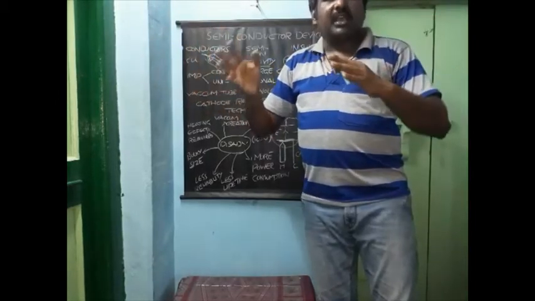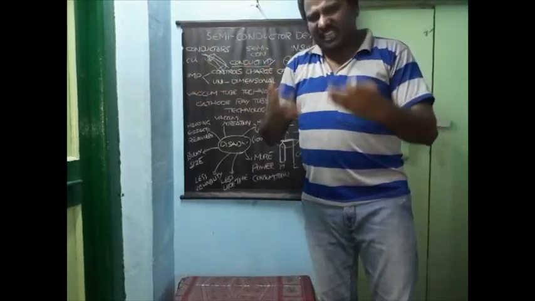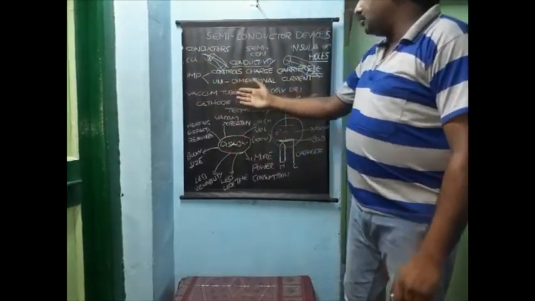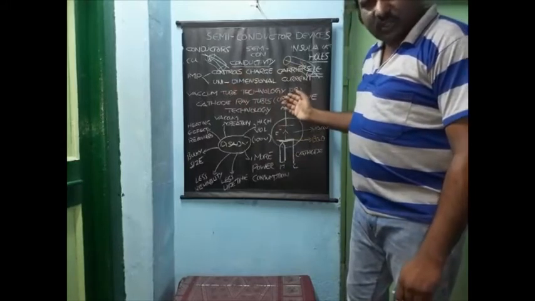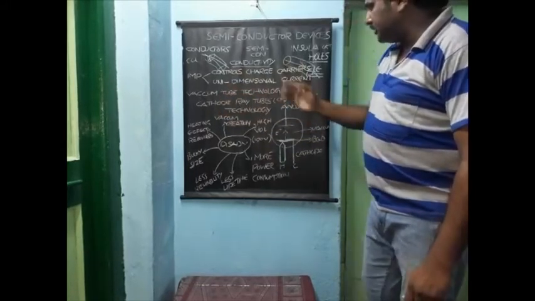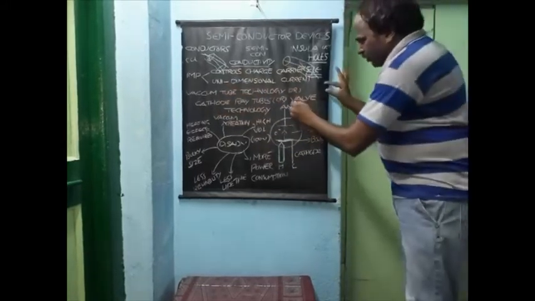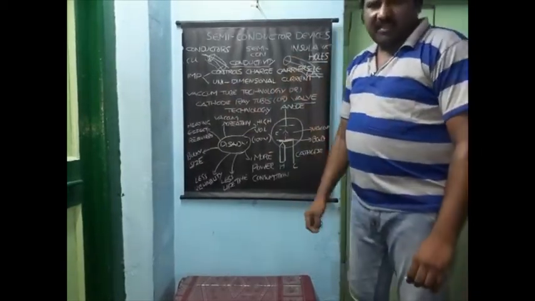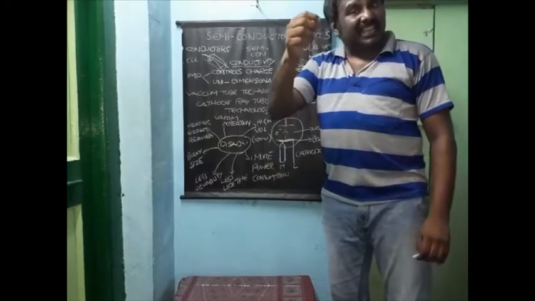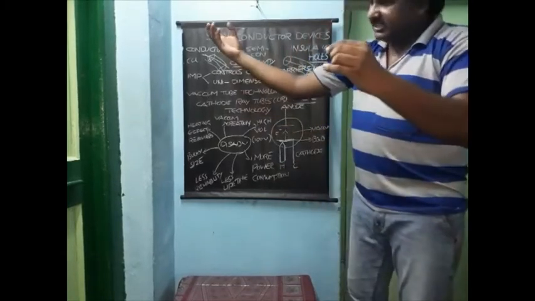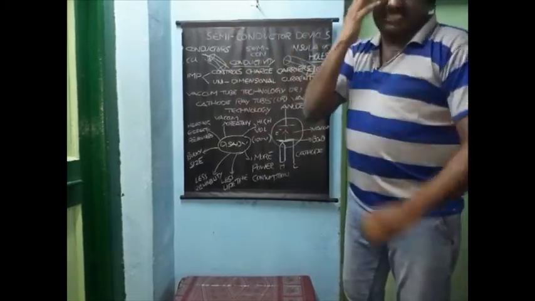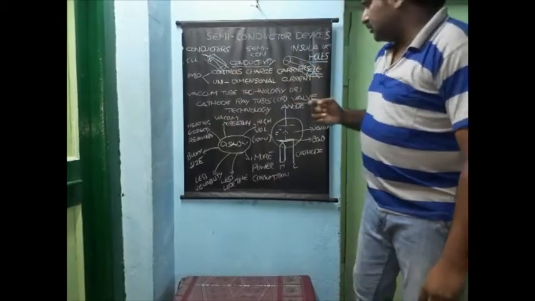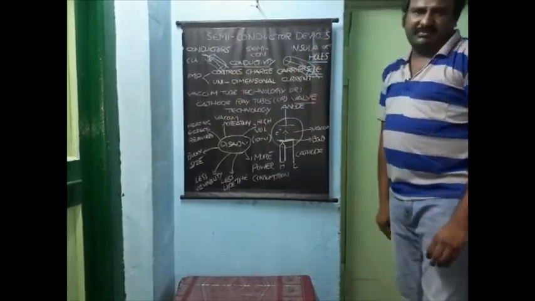Those TVs work under vacuum tube technology, which is also called cathode ray tubes, or simply valves. We have heard the word valve. A valve is just like a cycle tube valve, where we can send air from outside to inside. That is what we call a valve.